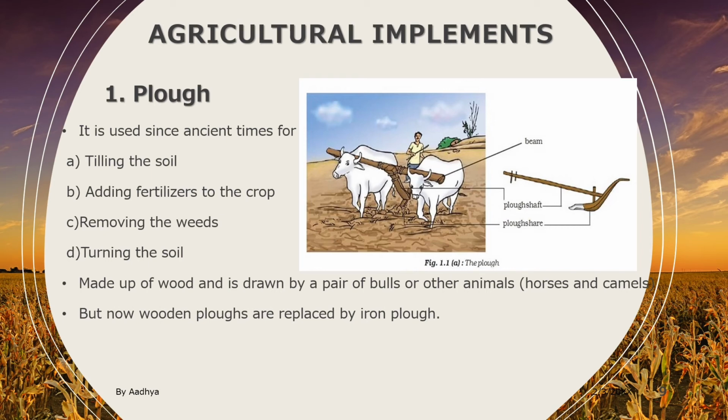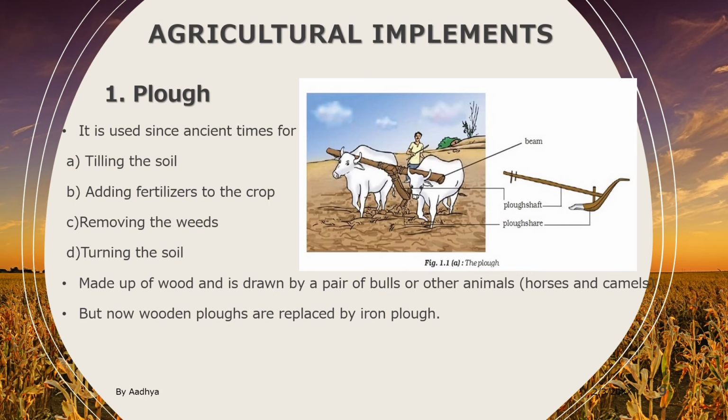You can rotate the soil easily with the help of this plow. Here you can see the long rod-like or stick-like structure called the plow shaft. Here the triangular iron structure is the plow share, right?